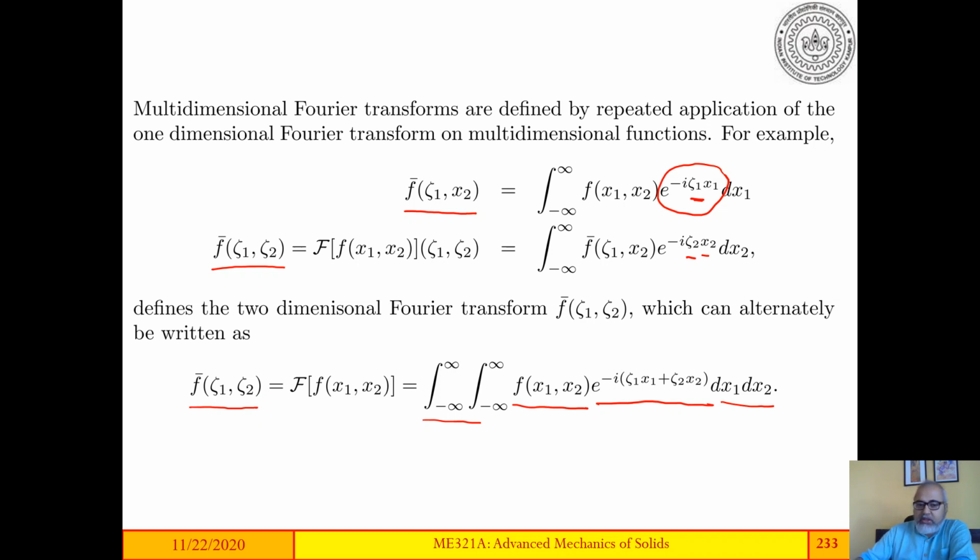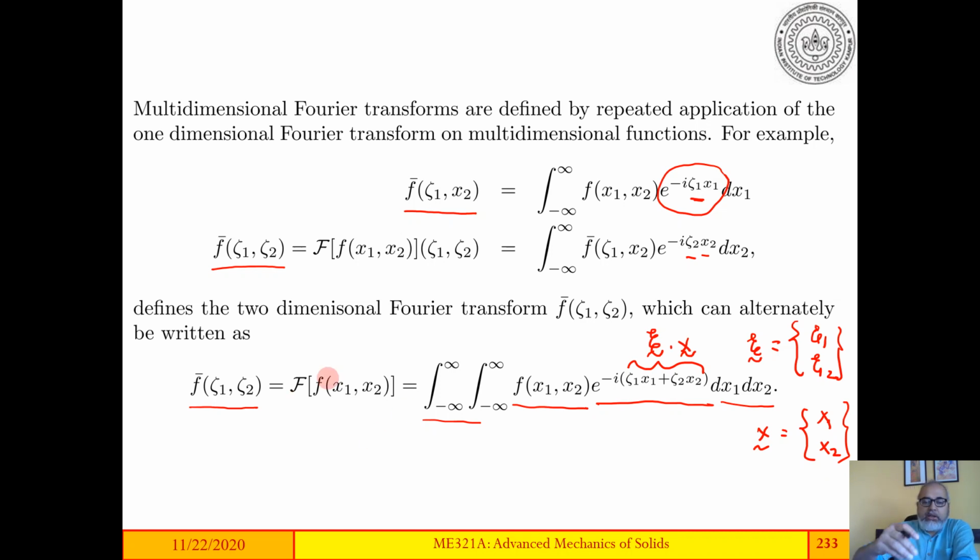Now you will notice that this can be written as zeta dot x, where zeta is a vector having components zeta 1 and zeta 2. These are the Fourier variables, and x is another vector with x1 and x2 as its components.